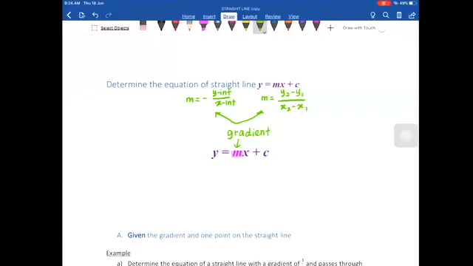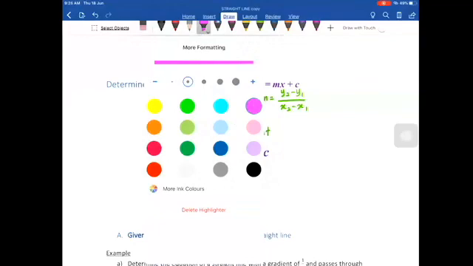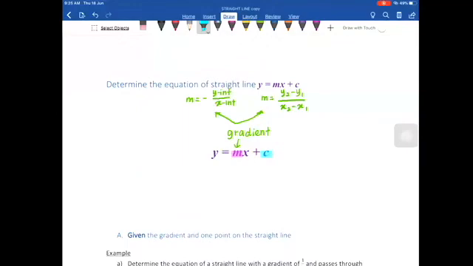Okay, so dalam y equals to mx plus c, there's one other variable which is c. Okay, c is actually y-intercept. So this is not new sebab tadi saya ada kata kita kena compare kan, parallel lines.